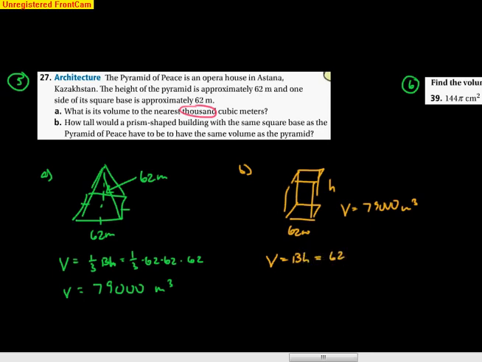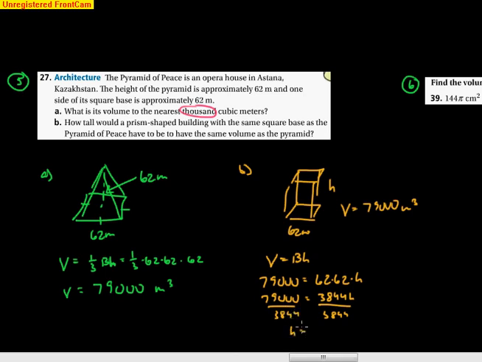So we know the volume. The volume is 79,000. The area of the base, it's a square, 62 times 62, and then the height is what I'm looking for. So I'll do 62 times 62 and get 3844. So 79,000 equals 3844H. And then I'll divide by 3844.